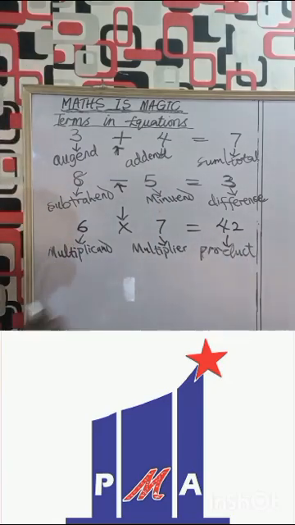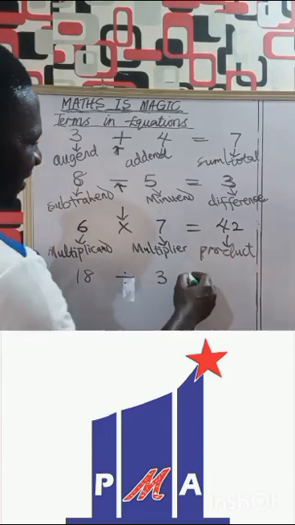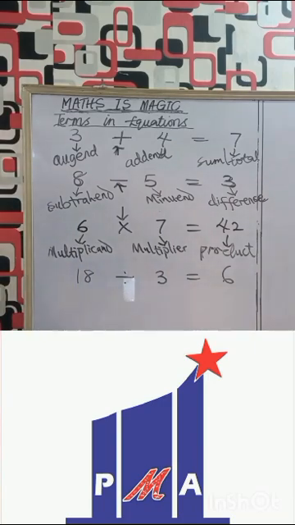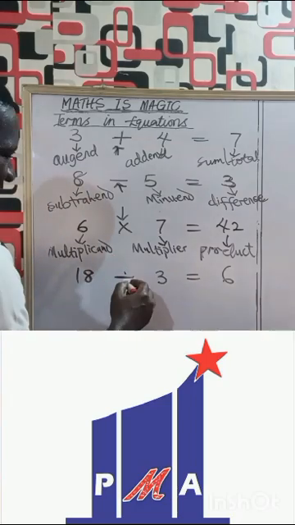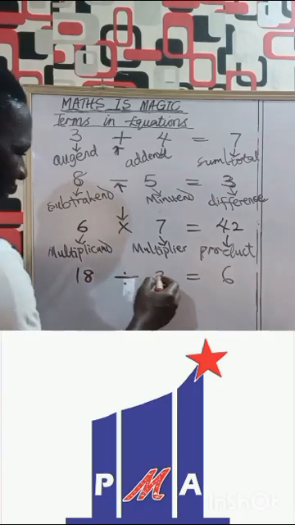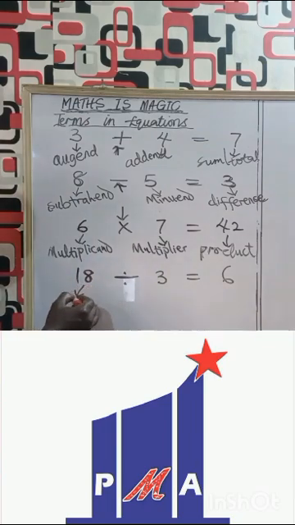Let's do division. What do we call the first number here, or the term written first? The term written first here is known as the dividend.